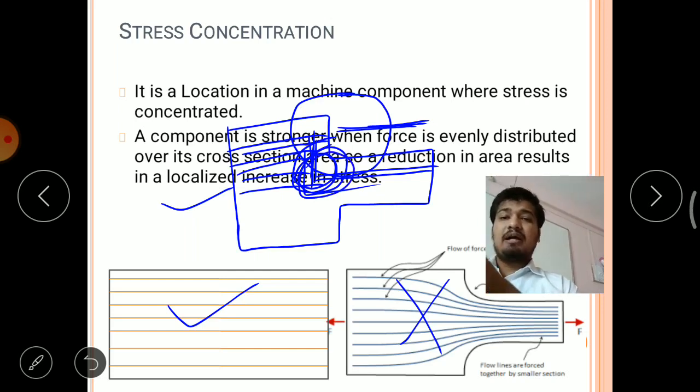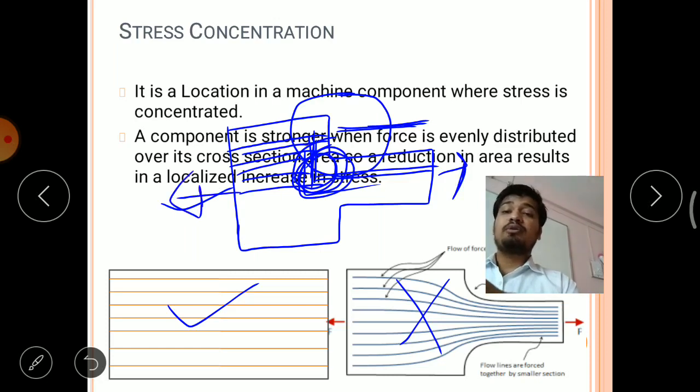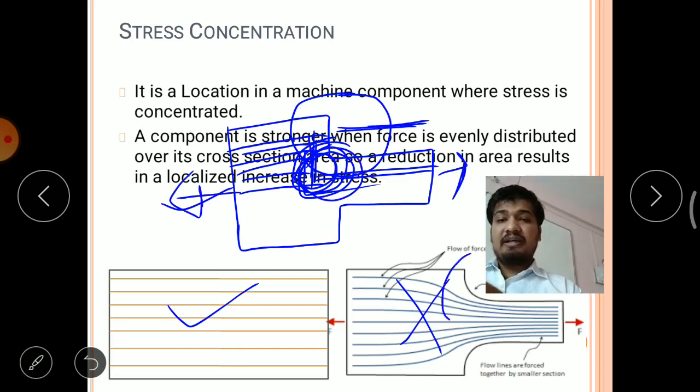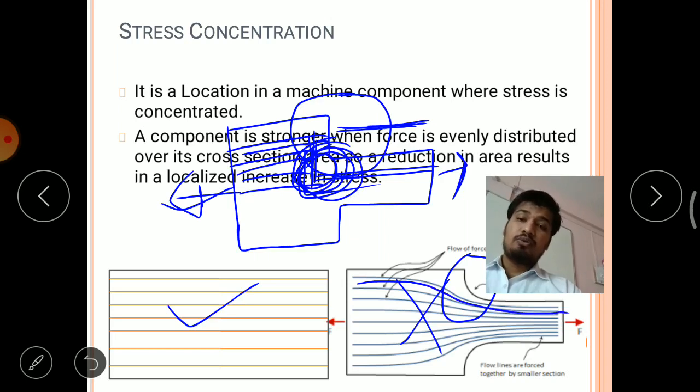And when we apply load at its end, the material is going to break here; the chances of the material breaking increase. To reduce that phenomenon, we use a filleted section, you can see here, and due to that fillet the stress concentration line passes smoothly throughout.